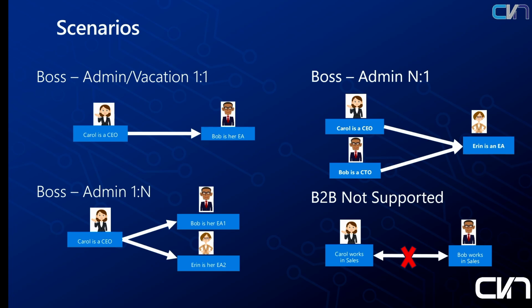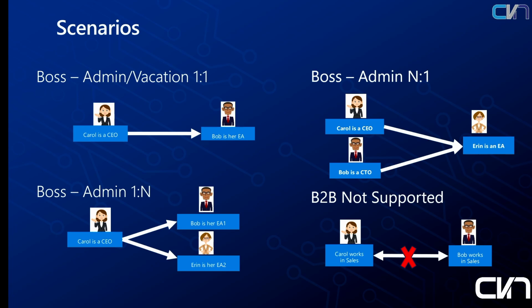In the scenarios we were talking about, one manager can have multiple EAs or admins. You can see here we have a 1-to-N ratio where Carol, the CEO, has multiple admins such as Bob and Aaron. And in the top right, we have one admin for multiple bosses.